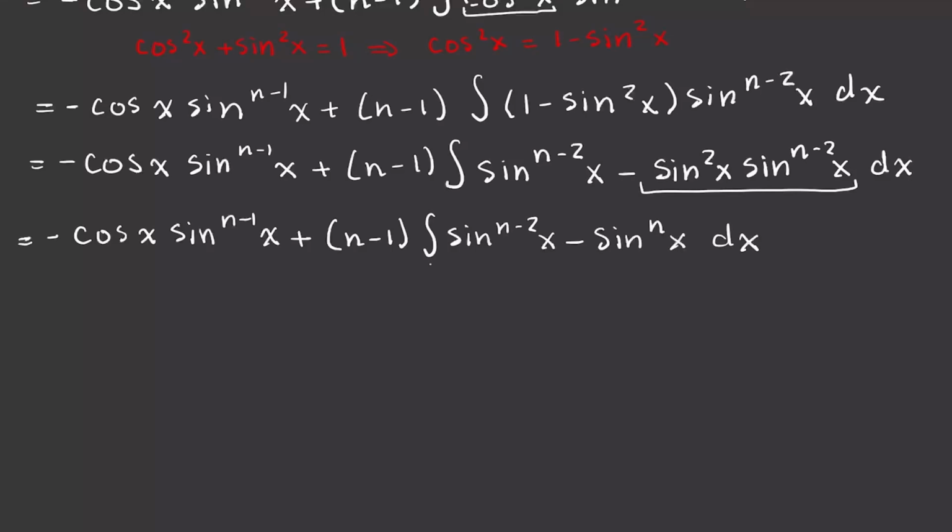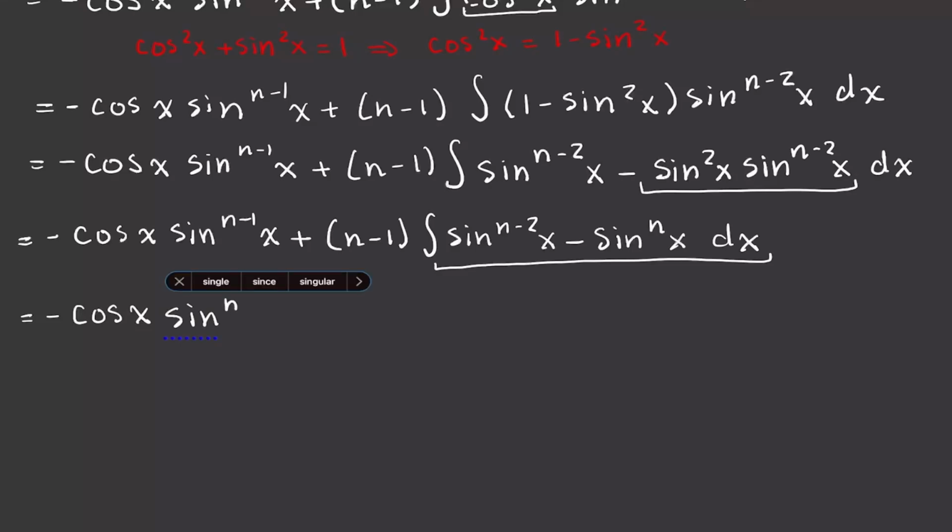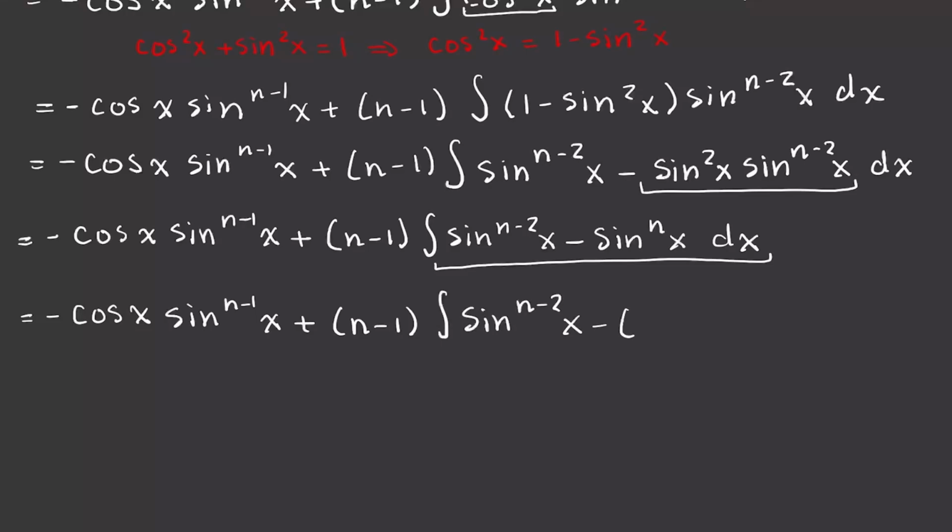Now, whenever I have an integral and two things are being added or subtracted, I can separate the integral. So right here, I will have negative cosine of x sine n minus 1 of x plus n minus 1, the integral of sine n minus 2 of x minus n minus 1, the integral of sine n of x dx.